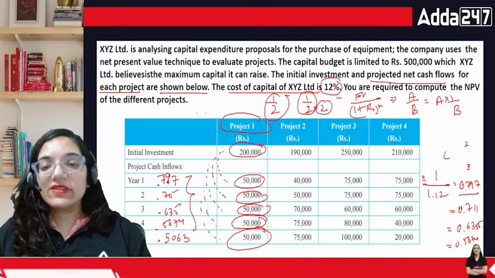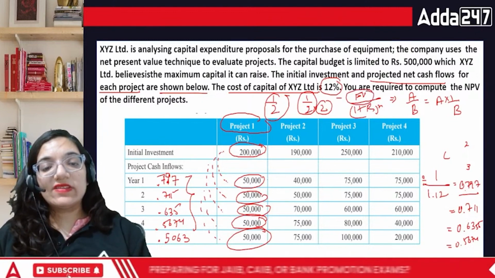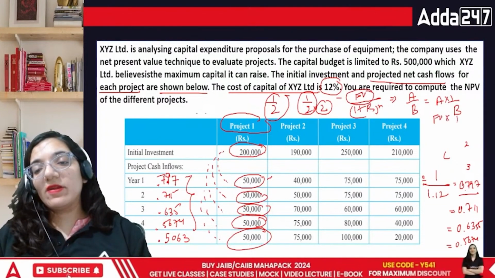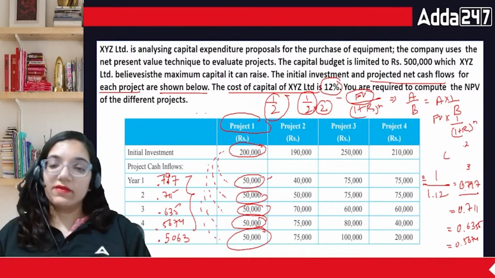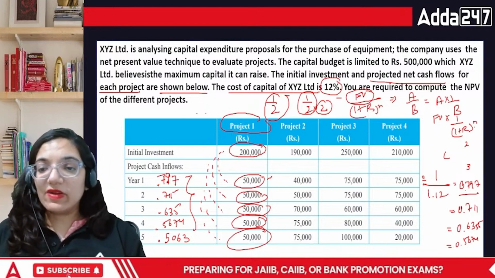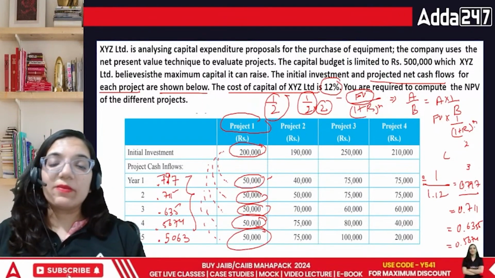Will it make a difference? Your future value remains the same, multiplied by 1 plus r raised to power n inverse. In this case, we will take this (1 plus r) raised to power n separately.